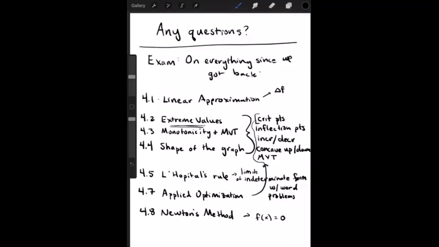So that's sort of the basic topics that we have on this section. Again, these three here are sort of combined. A problem that asks for one of those is likely going to ask for most of those, except for extreme value, which will come up again in applied optimization.